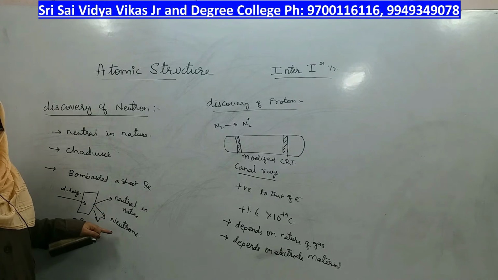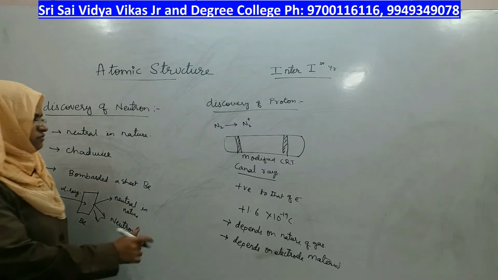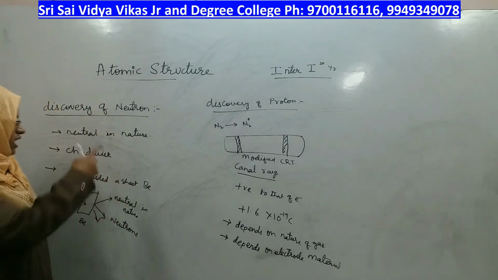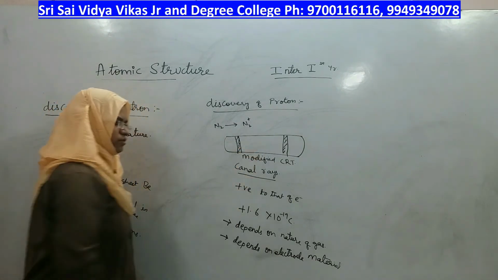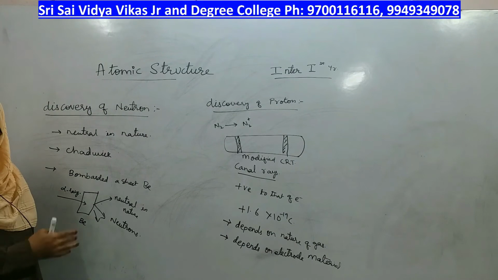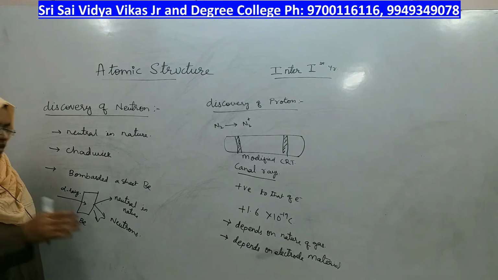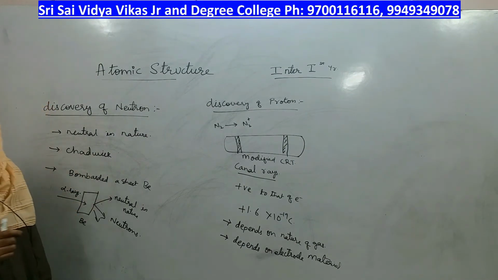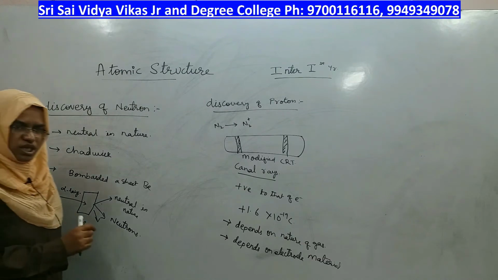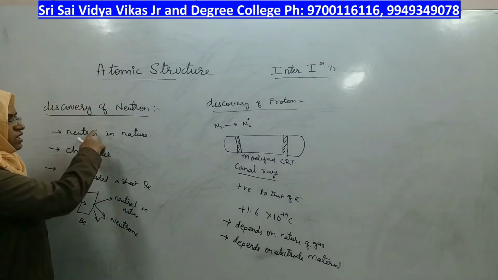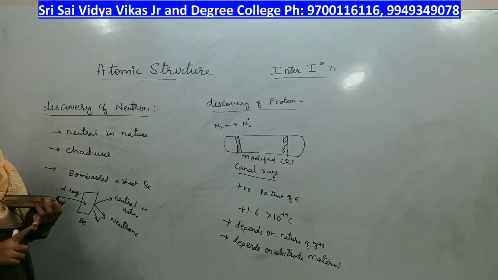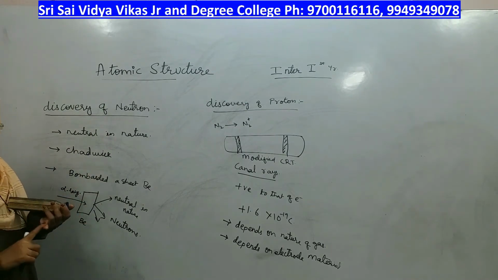Till now we have seen rays emitted having negative nature for the electron, and rays emitted having positive nature for the proton. In this case, when the rays emitted were neutral in nature, they found that this is also one of the subatomic particles, neutral in nature, and they named it the neutron, right? Till now we have seen the discoveries of electrons, protons and neutrons.